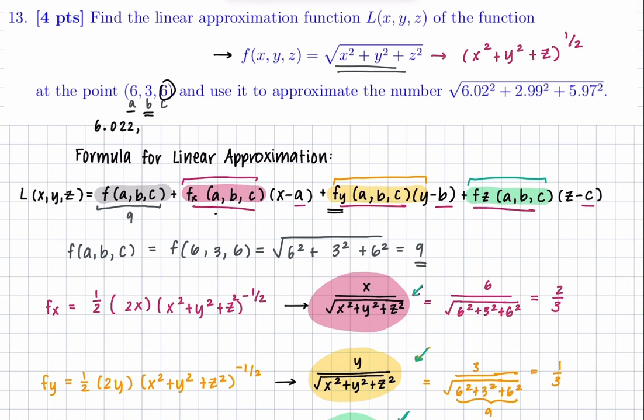For b, I'm going to choose 2.992. And for c, I'm going to choose 5.972. Again, you can choose any set of values. We're just trying to get numbers that are super close to 6, 3, 6.